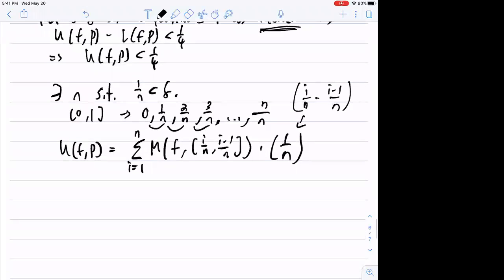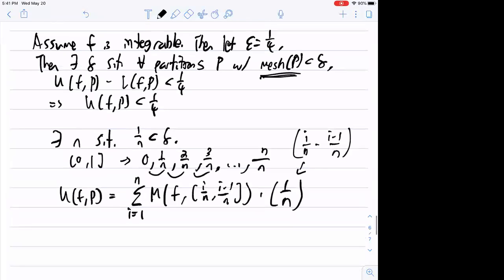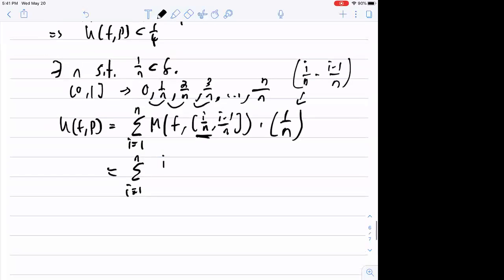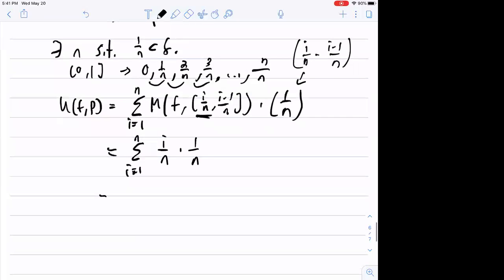So what is the sup here? Can anyone tell me? The supremum is just the largest point, so i over n, times 1 over n. This is 1 over n squared times the sum for i equals 1 to n of i. And what is the sum?